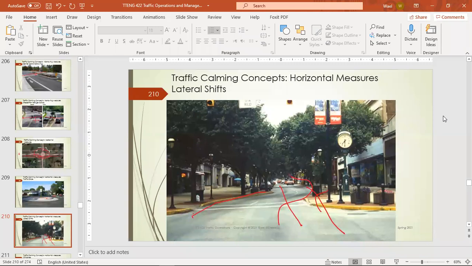Okay. Here, the second category, horizontal measures, lateral shifts. As you can see, instead of keeping this road straight, there is a shift in the direction. This shift forced drivers to slow down.